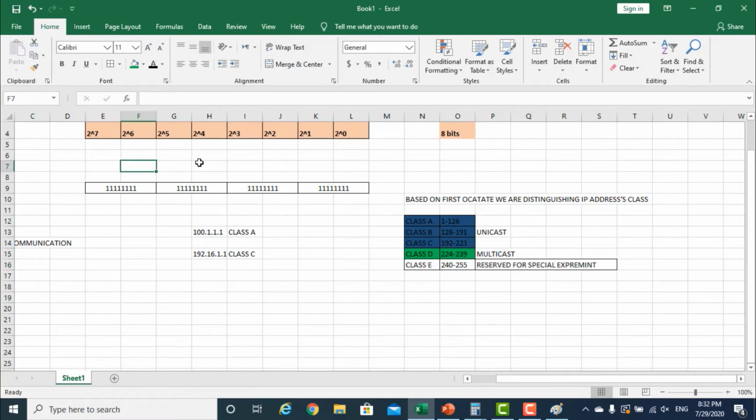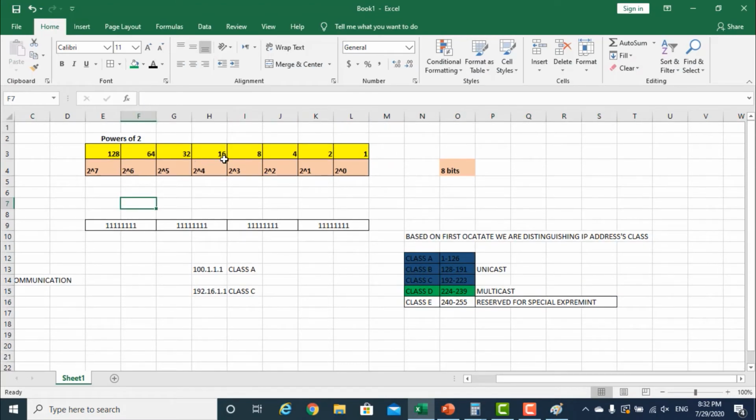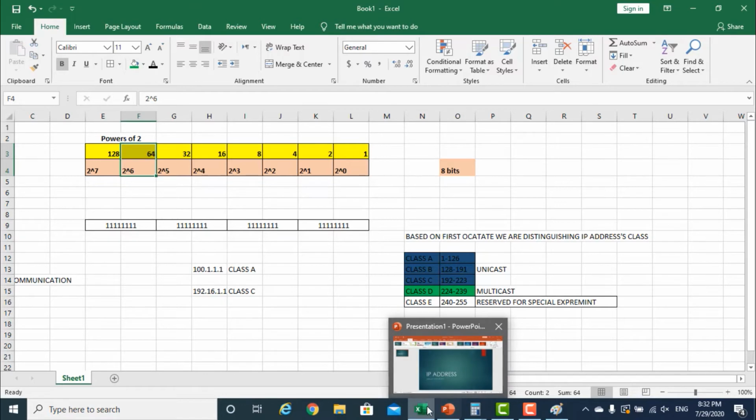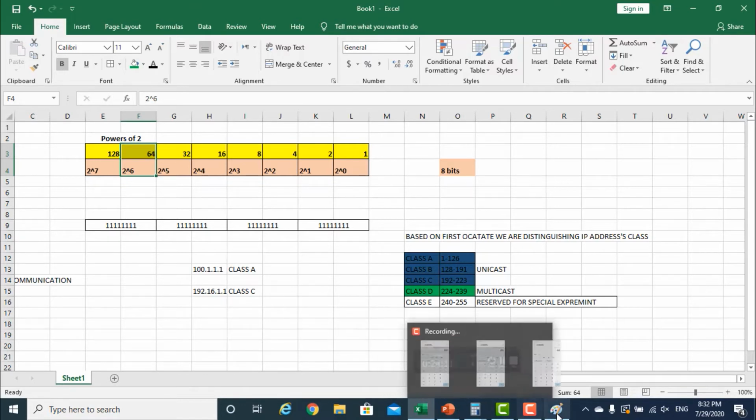See the table of powers of 2 and find the exact power which matches your requirement. My requirement is 52, and 2 to the power 6 is matching my requirement, isn't it? So 2 raised to 6, which is equal to 64, matches my requirement for class C subnetting.